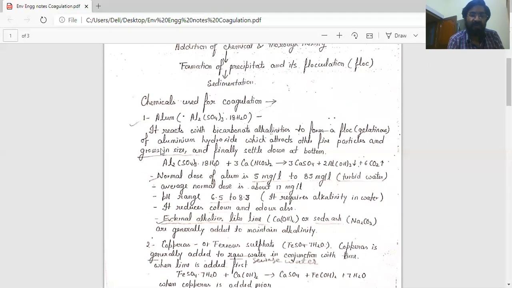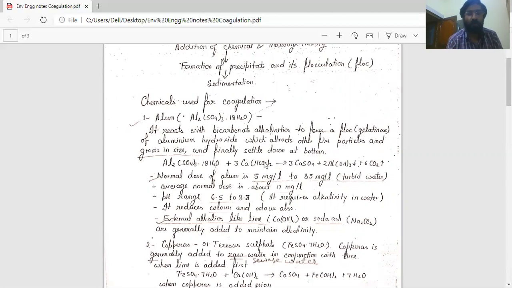First, alum reacts with bicarbonate alkalinity present in water and forms a floc, a gelatinous material.